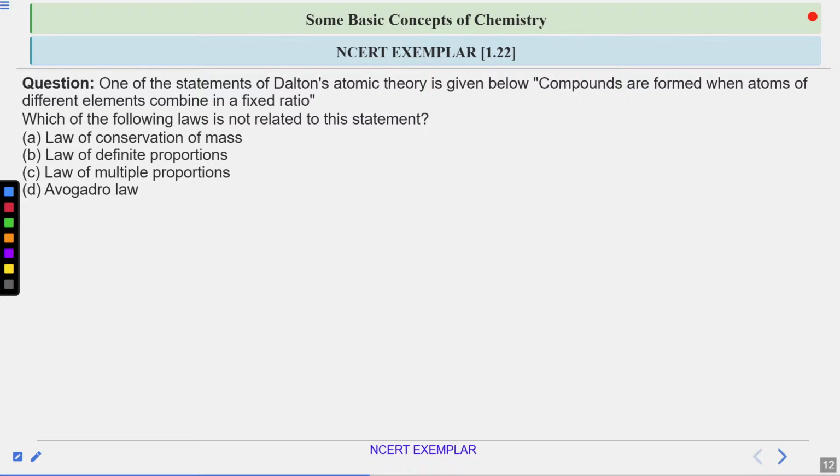You have to decide which of the four statements the given statement is not related to. Again, this is a multiple select one, so your time to solve this question starts now. I'm giving you some time to solve it. Again, remember, two answers can be correct.